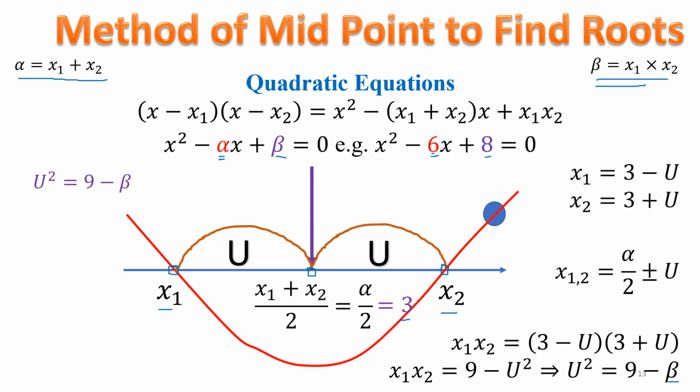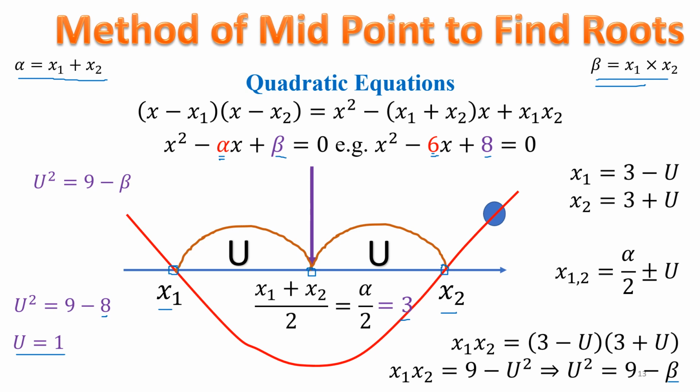Now here u square is equal to 9 minus beta, and beta is 8, so you can replace beta by 8 and you will find u square is equal to 1, and then u is equal to the square root of 1, that is 1. So the most difficult part is here.